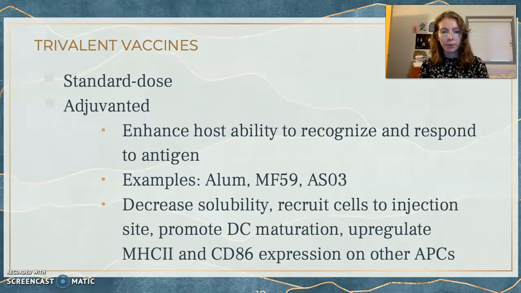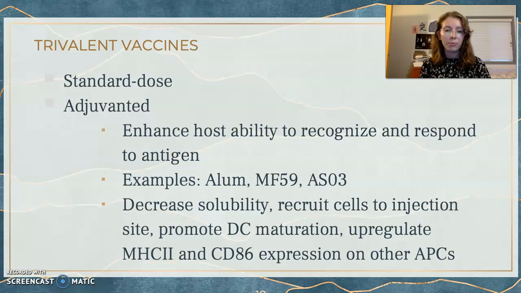The way an adjuvant works is that often a problem with injection is that the soluble antigen just gets cleansed by the lymphatics before an immune response is stimulated. So the antigen gets attached to the adjuvant, and when it's injected, it's either insoluble as alum or it's the oil and water emulsion of MF59 or AS03.